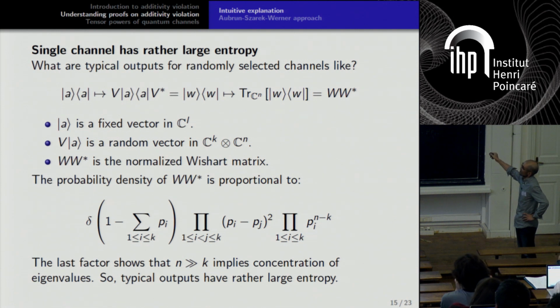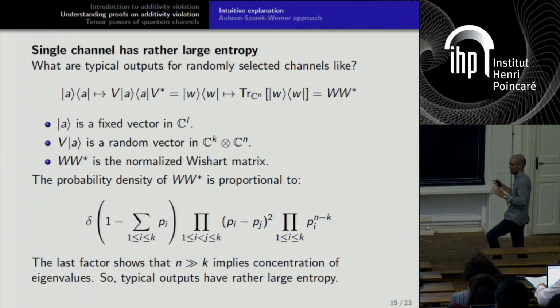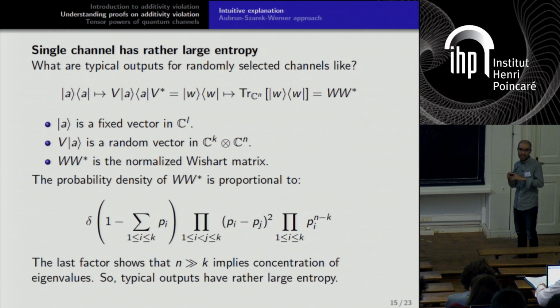Here we have n minus k. When n is much larger than k, the pi are close to each other. If one of the pi is close to 1 and the others close to 0 and so on, this part gives a much smaller value. So by this property, when n is much larger than k, we have a kind of concentration of eigenvalues.